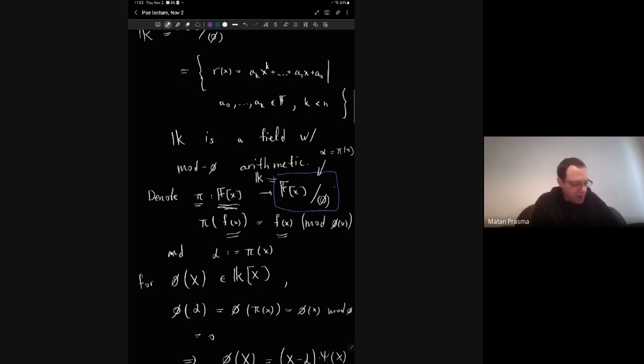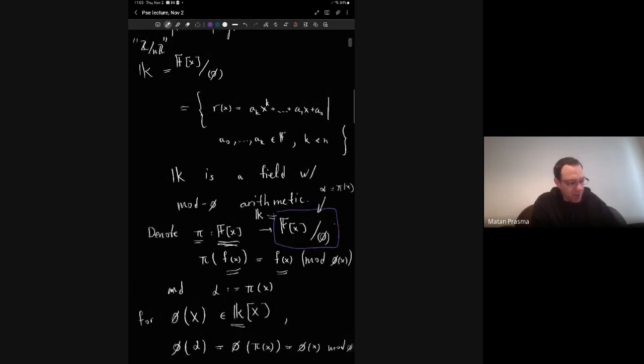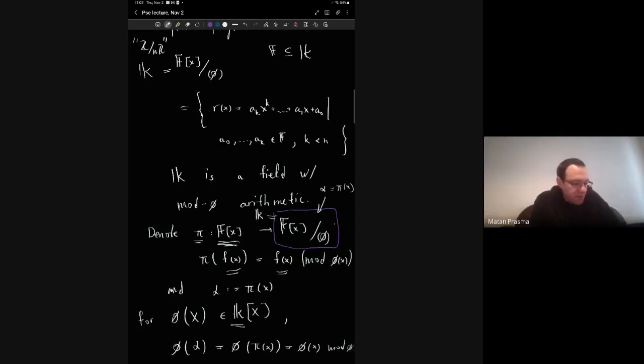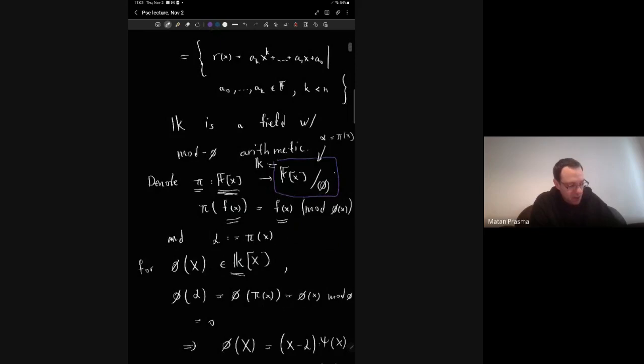But now I can consider phi as a polynomial over K, because K contains a copy of F, namely the constant remainder polynomials, the ones only with a0. So if all the coefficients of phi are in F, then in particular they are in K, and I can consider phi as a polynomial over K.